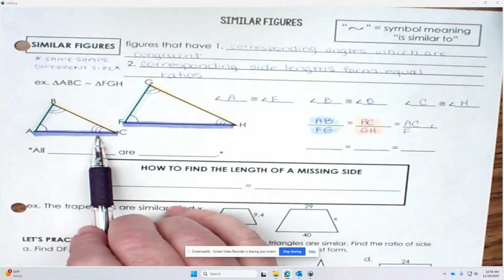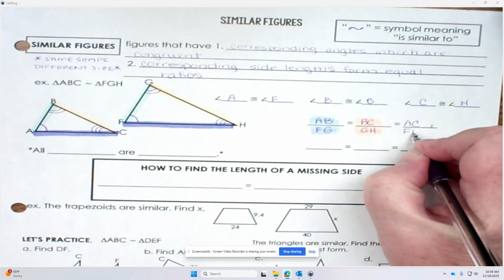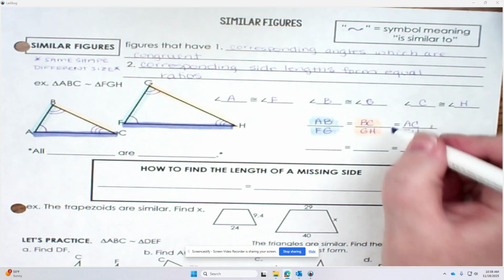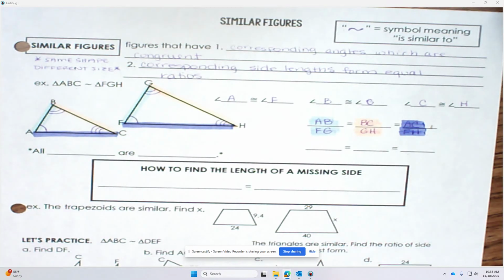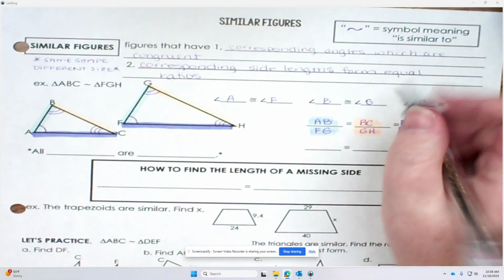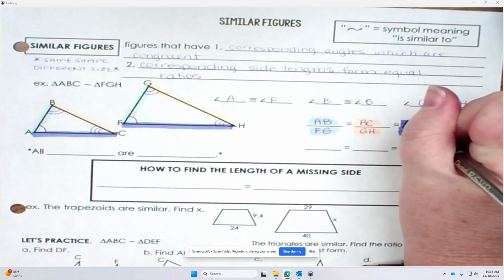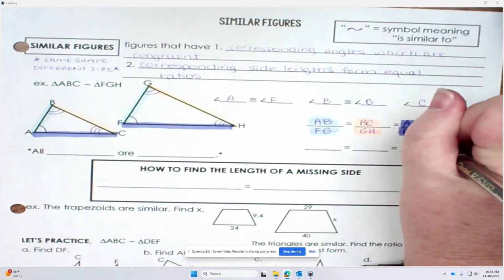And then C has 3 and H has 3, so I want C lined up with H because those are my corresponding angles. And I'll highlight that in my purple color. That's kind of dark, sorry. Hopefully you can see that. This one is AC and this one is FH.